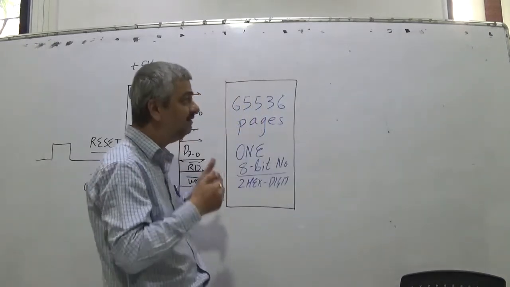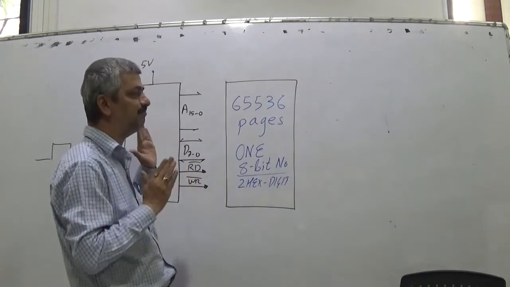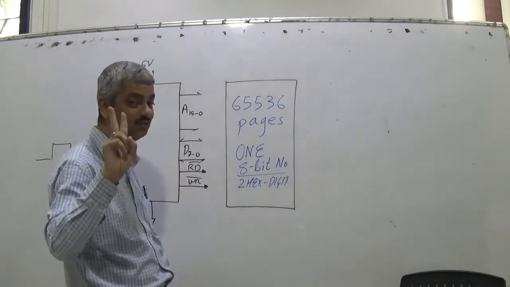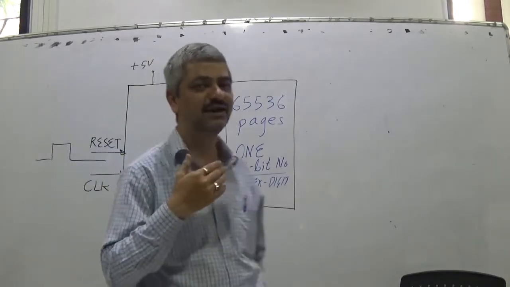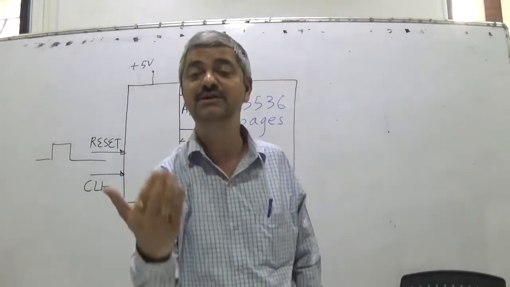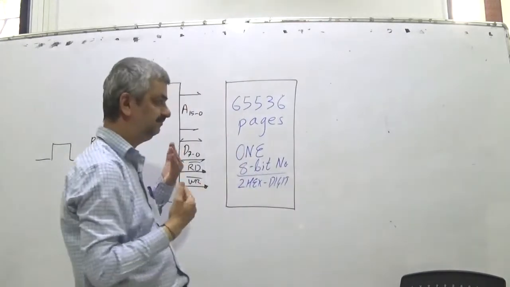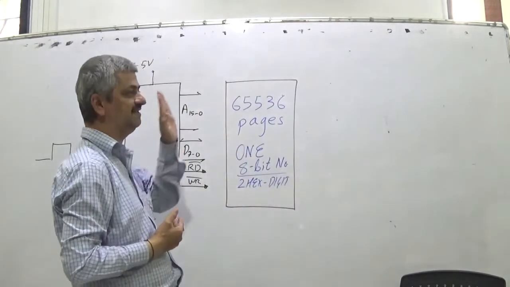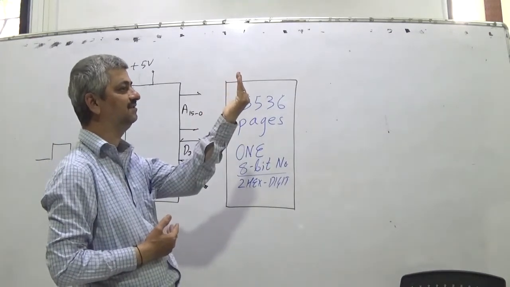So the microprocessor can perform only 2 cycles. See how simple it is, just like a human being: I can talk, I can listen with another individual. So it specifies address 0 read, and something comes.